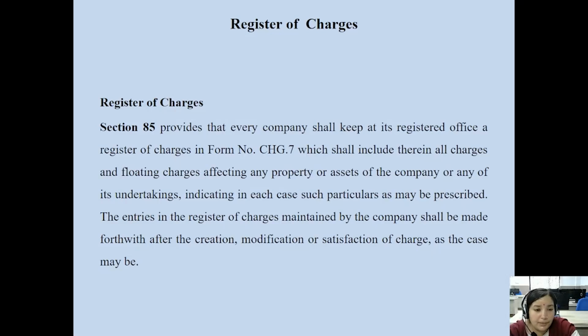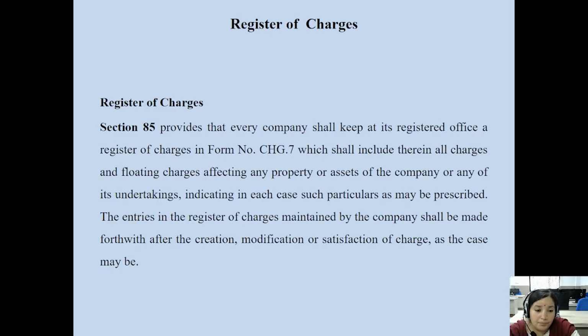Section 85 of the Companies Act 2013 is about the register of charges, and it provides that every company shall keep at its registered office a register of charges in form number CHG 7. This shall include all charges and floating charges affecting any properties or assets of the company or any of its undertakings, indicating in each case such particulars as may be prescribed.